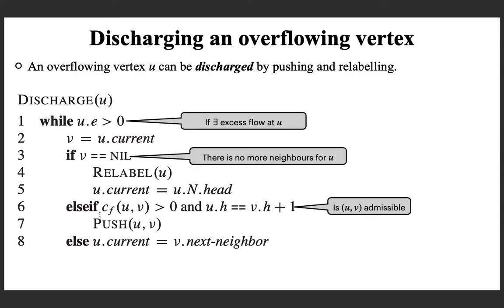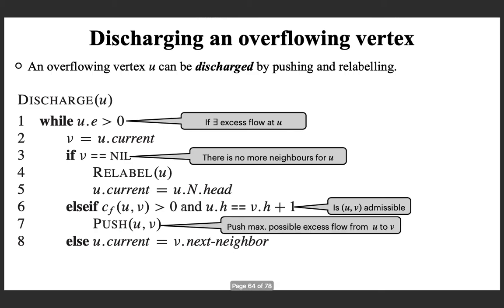If there is a neighbor and it is admissible, the edge is admissible meaning push operation is enabled and the capacity is greater than 0, then what you do? You just push. And note that these operations cannot add admissible edges, that we proved, and that is why such a statement is not there.